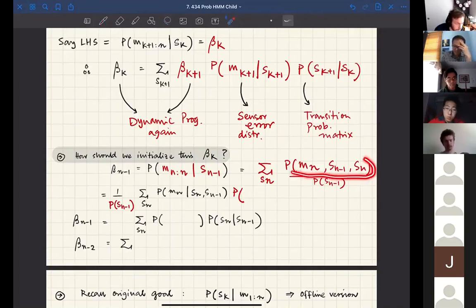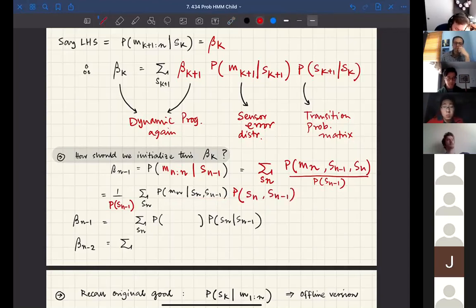I'm rewriting this. I've taken the denominator out, so forget about the denominator. I'm rewriting the numerator, and I've written this numerator as P of mn given sn minus 1. Now what do I need to write here? P of sn, sn minus 1. Perfect.